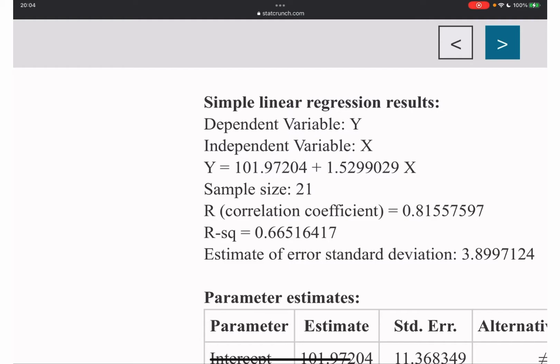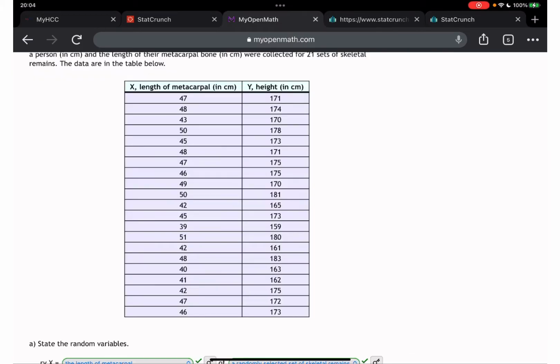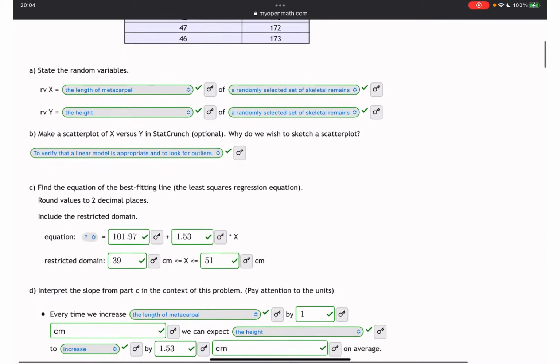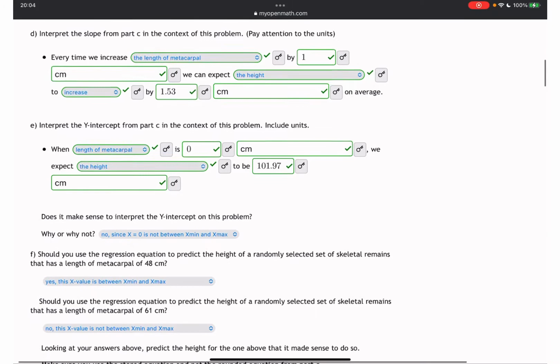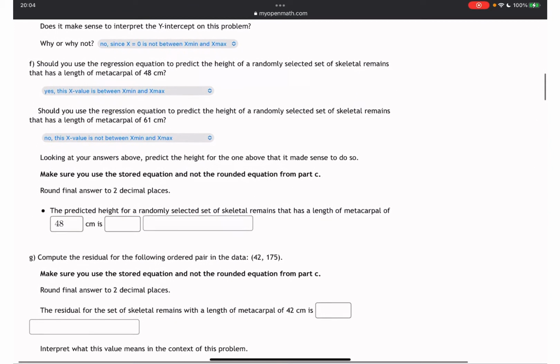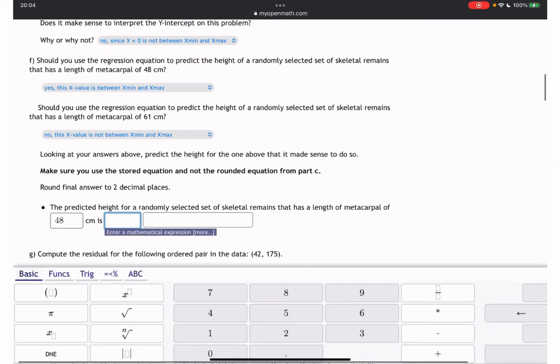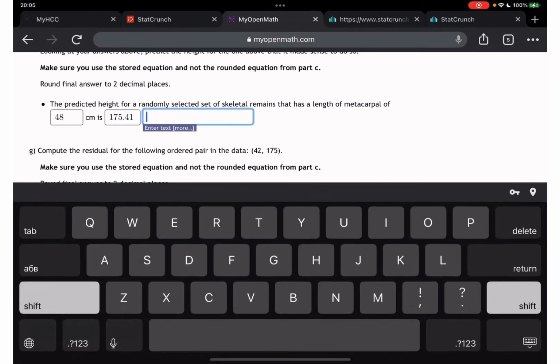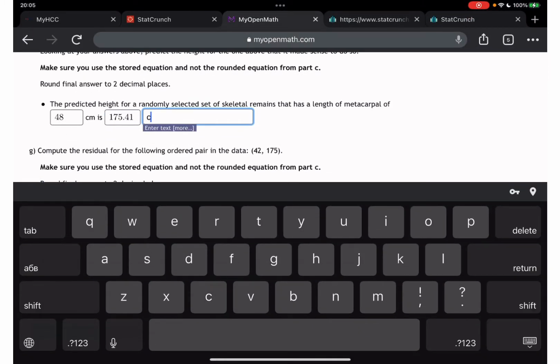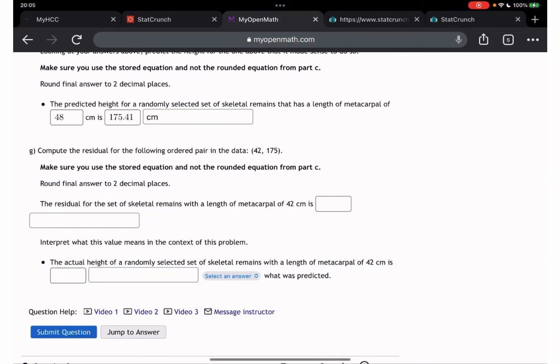And I'm getting 175.41. Let's write it down. Where is it? Oh, here it is. 175.41. And it's going to be centimeters because we are measuring in centimeters here. All right. Now, next one.